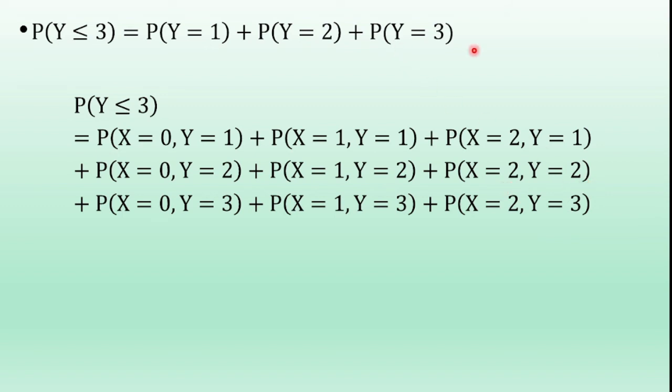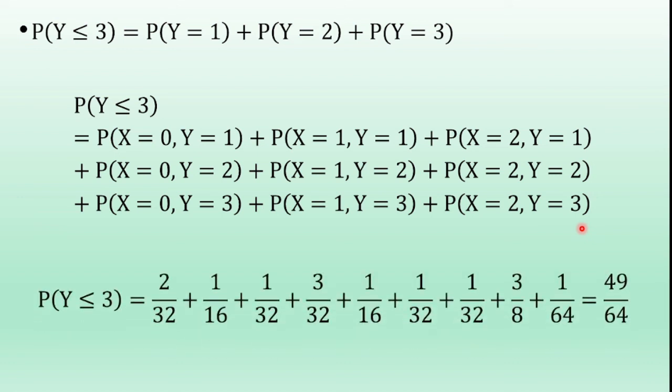The third term, P of y is equal to 3, is P of x is equal to 0, y is equal to 3, plus P of x is equal to 1, y is equal to 3, plus P of x is equal to 2, y is equal to 3. Substituting all the probability values from the table, we finally get the probability of y less than or equal to 3 is 49 by 64.